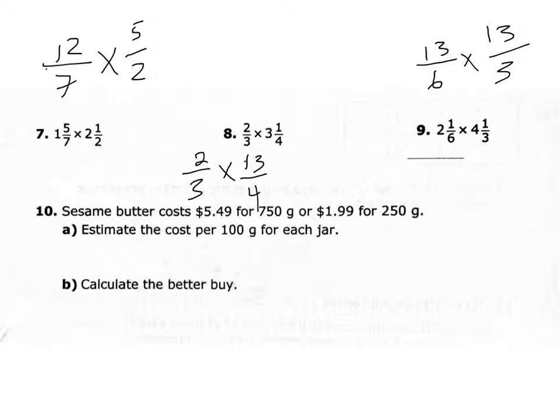Okay, so now to solve, you're just going to multiply through. 12 times 5 equals 60. And now 7 times 2 equals 14. Okay, and now in this case, you can reduce. You could have also reduced beforehand.